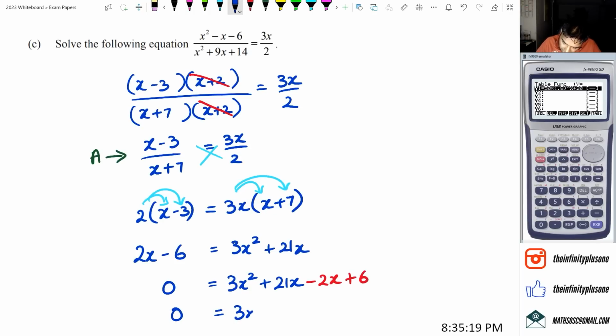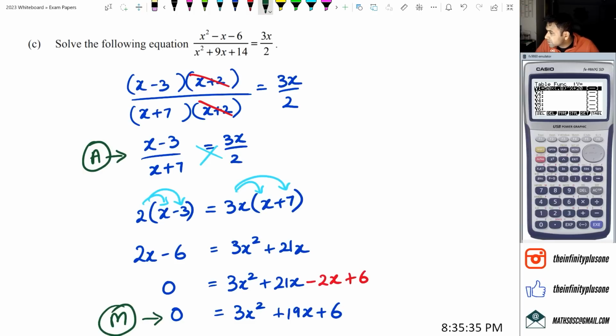Simplifying this, I get 3x squared plus 19x plus 6 equals 0. Getting to this stage is going to get you a merit, just getting to the quadratic equation and equating it to 0.